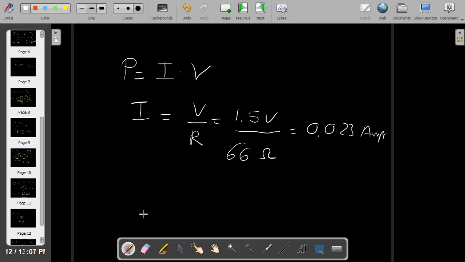Now, we're not done because that's not what they were asking. They were asking for the power, the electrical power, but we were missing this. That's why we had to calculate that. Put it in the formula for power. I'm telling you, I'm getting tired here, but we'll finish soon. So this is 0.023 amps, and you're multiplying that.